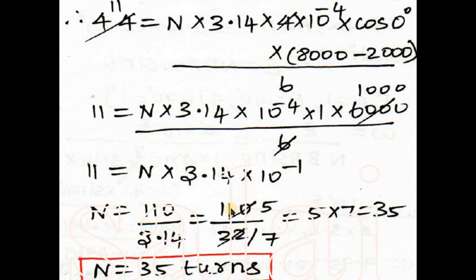Here cancel by the 11th table, 10 11s are 110, here 2 11s are 22, then cancel by 10 by 2 means 5, 5 2s are 10, so 5 into 7, 5 into 7 is nothing but 35. Here the number of turns of the coil, n, is equal to 35 turns.